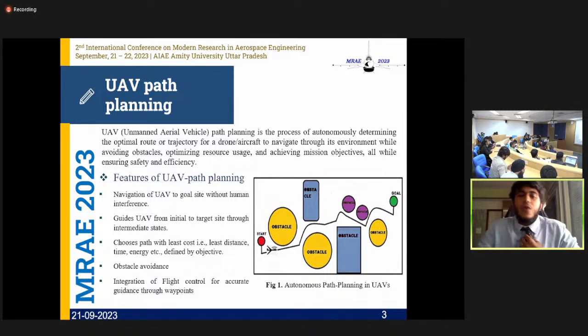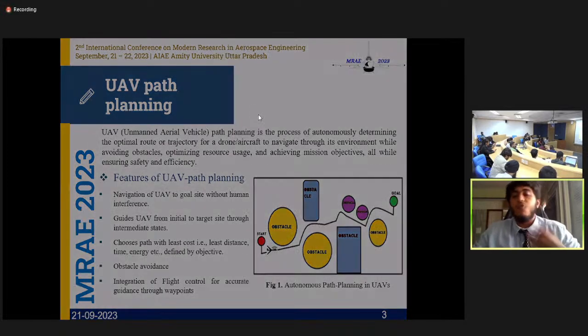Some features of UAV path planning include navigation of the UAV from initial to goal site, integration of flight control for effective guidance through waypoints, choosing a path with least cost, be it least distance covered, least time taken, or in some cases least energy spent, and of course accurate sensor data acquisition to detect and avoid obstacles.